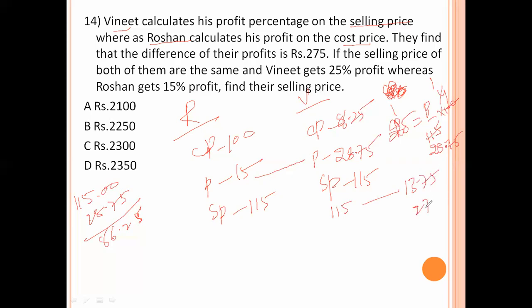But in this problem 275 is the difference between profits. Here there are two digits before the decimal and two digits after, so to eliminate the decimal we put two zeros.